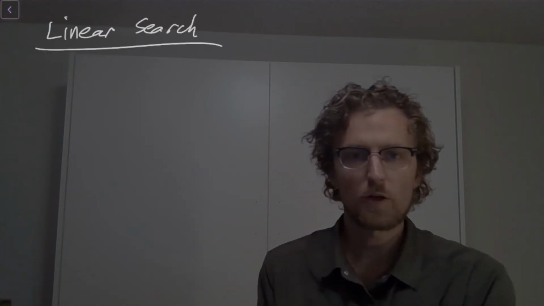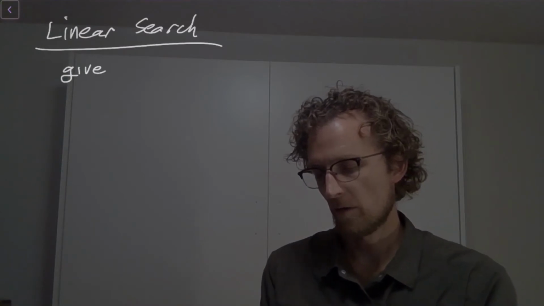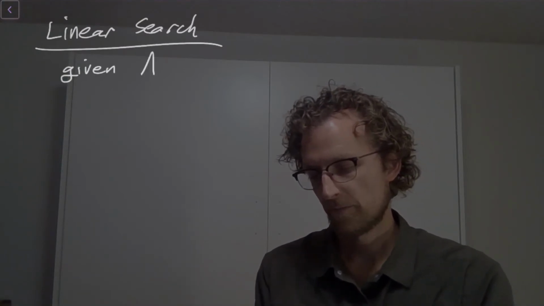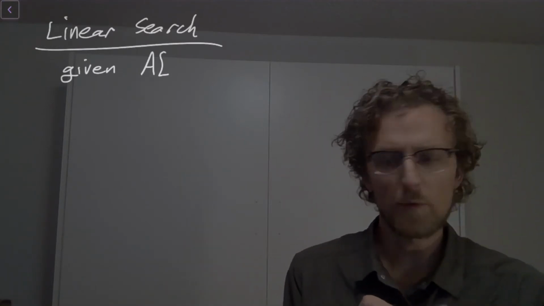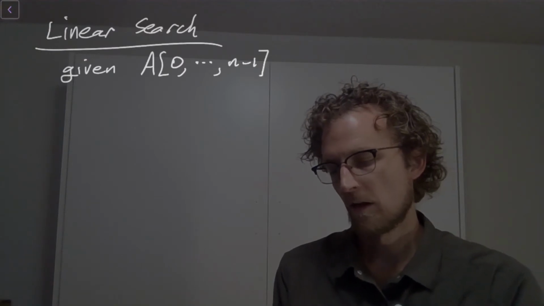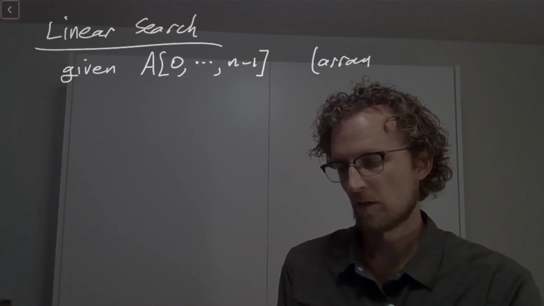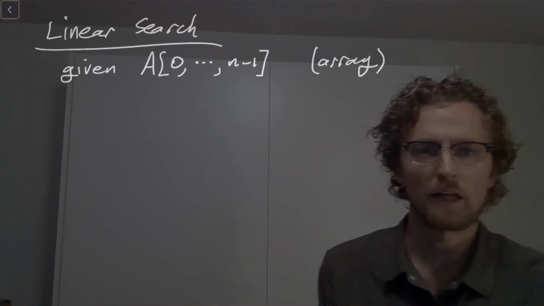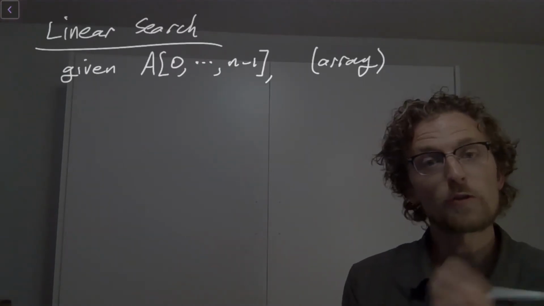What is the linear search problem? Well, we're given an array, A. And I'm going to represent this thing like this, 0 up to n minus 1. So this array has n elements in it. This will be my notation for an array in my lecture notes. And we're also given a search key.